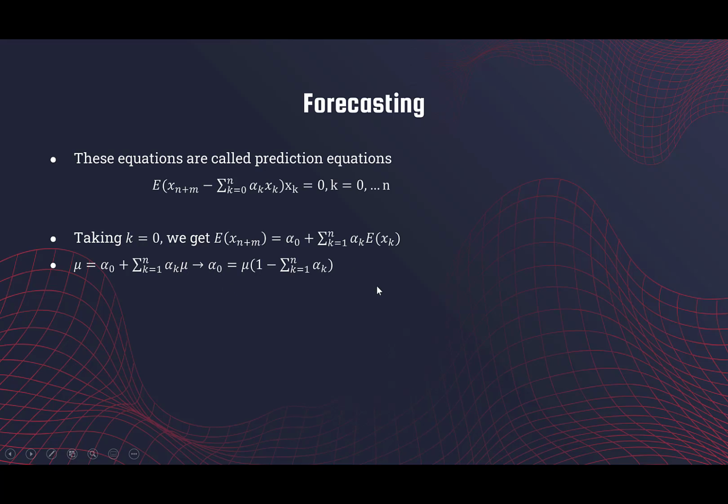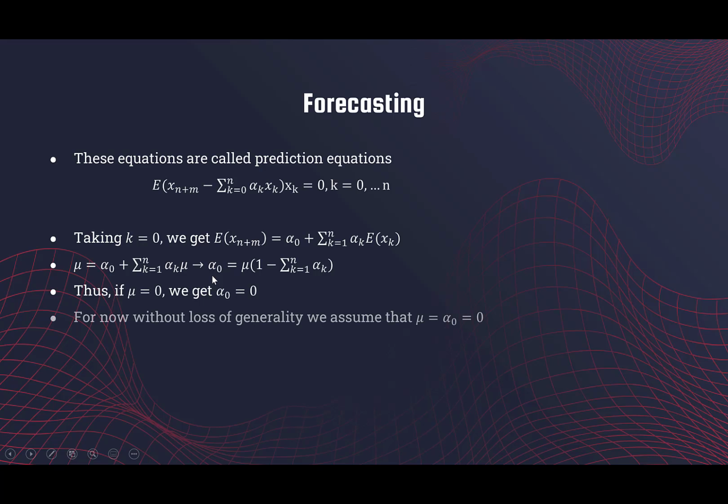So what we get is that the intercept is mu times this term. So if we assume that our process has 0 mean, this intercept will disappear. That is, if mu is equal to 0, then alpha naught also has to be 0.